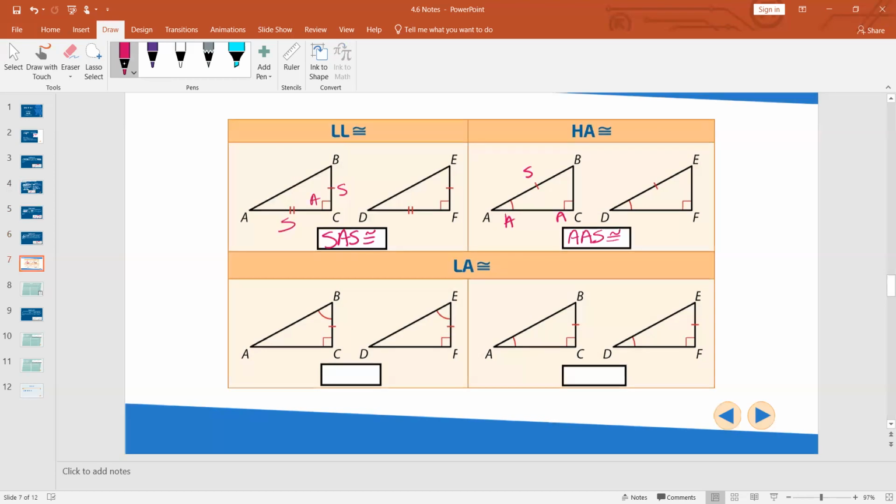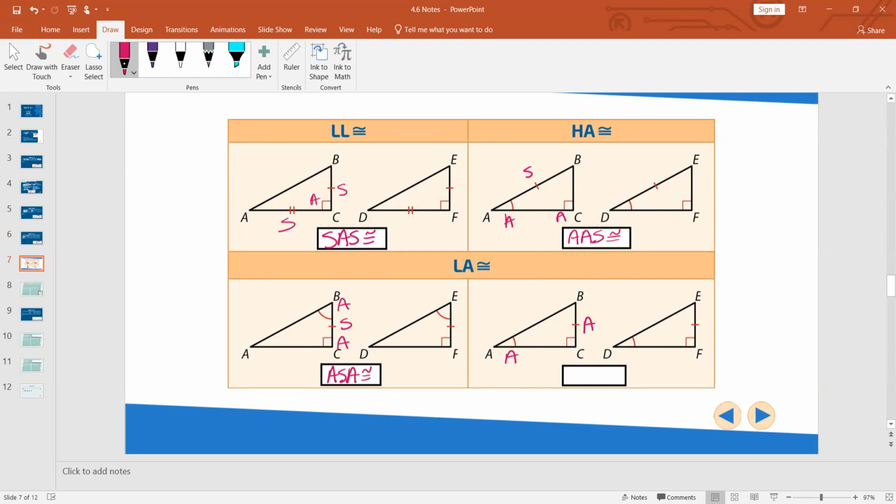And then leg-angle can be one of both. If you have the two angles and then they have their adjacent side, then we have an example of angle-side-angle congruency. However, if it's the non-adjacent acute angle, you end up with angle, side.